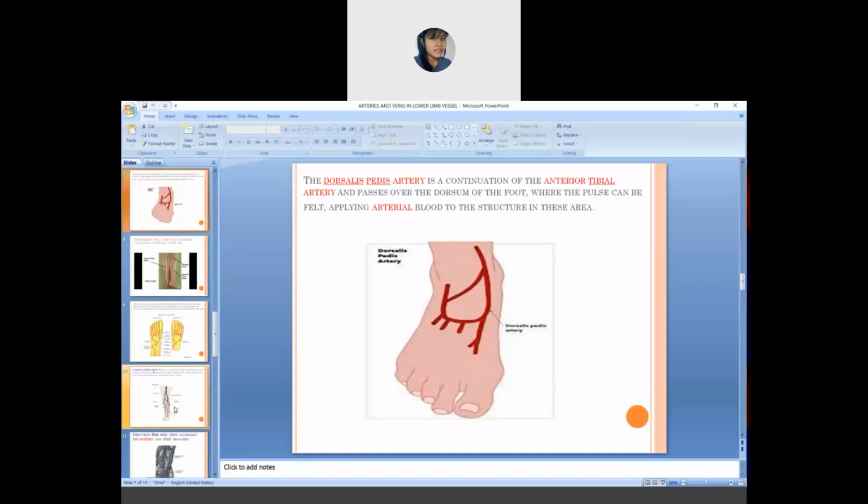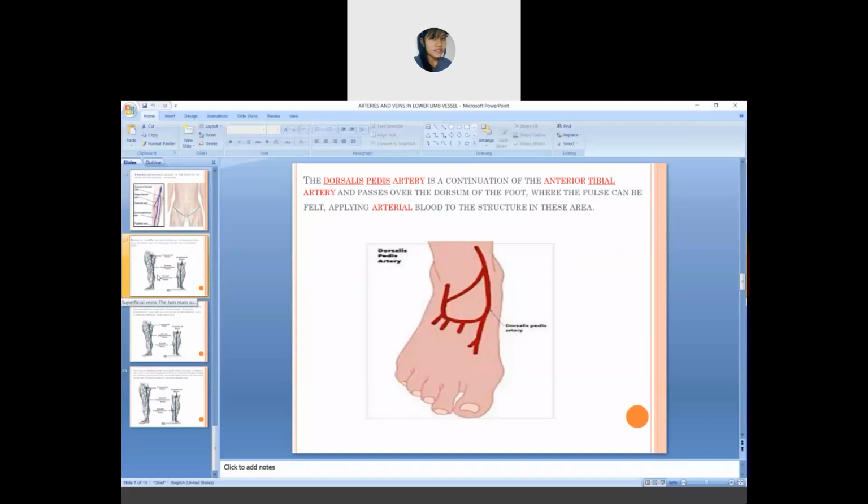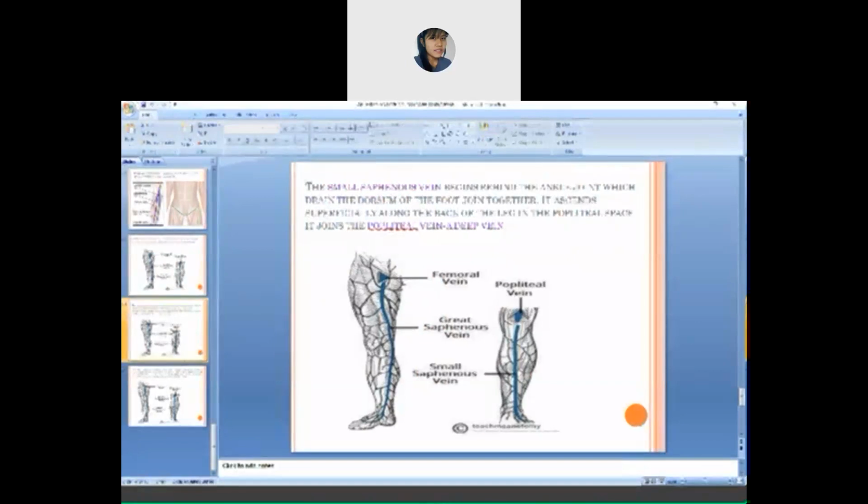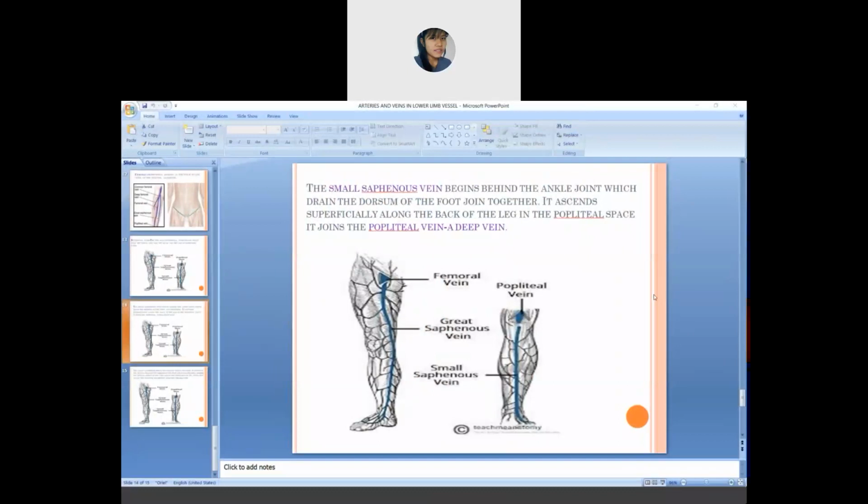Okay, now let us see about the veins. Nisha, can you tell me, the great saphenous vein, from where does it begin? It begins at the middle half of the dorsum of the foot.